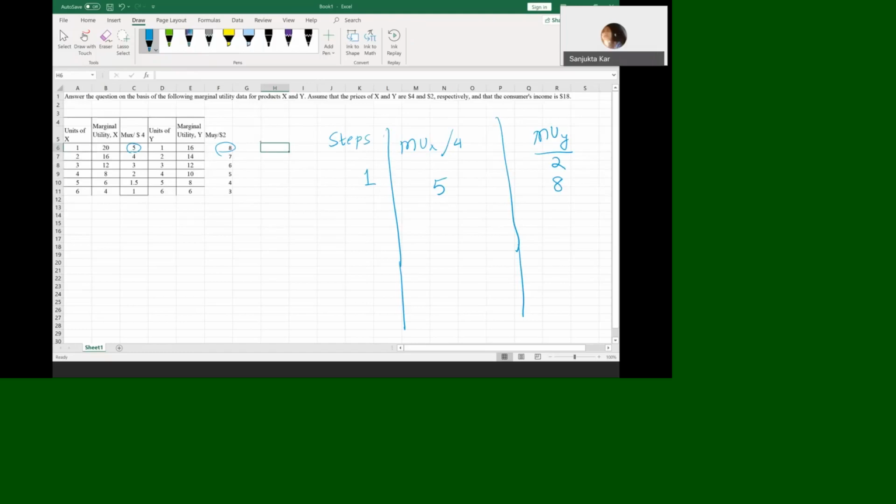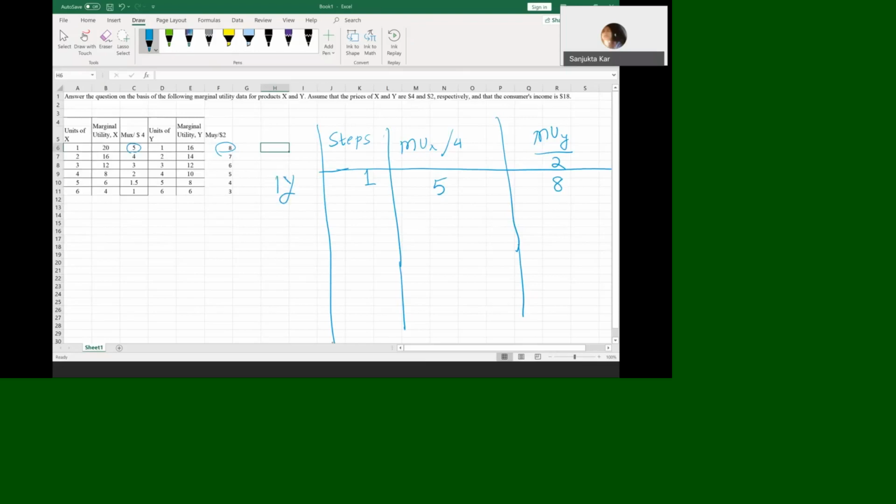So step number 1 for good one, because this marginal utility of Y over price is greater than this number, MUX over 4, the consumer will choose to buy 1 unit of good Y in step 1.